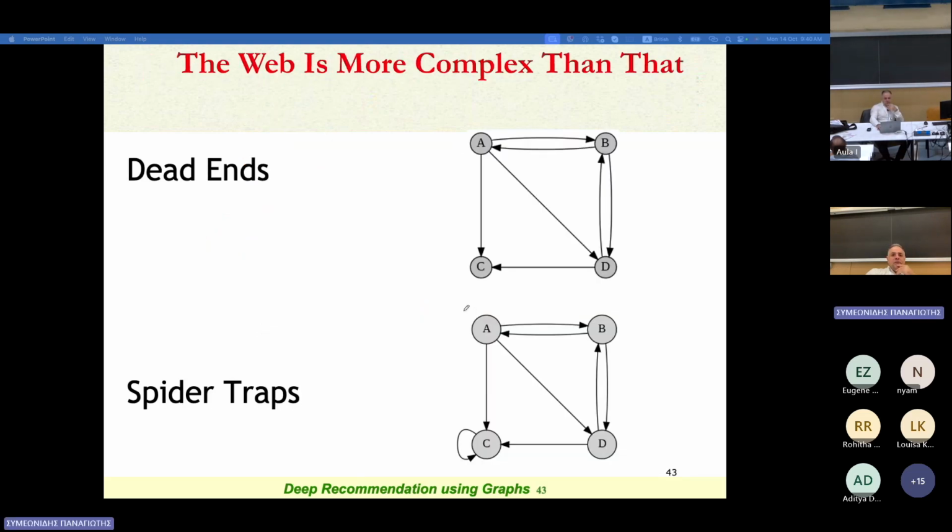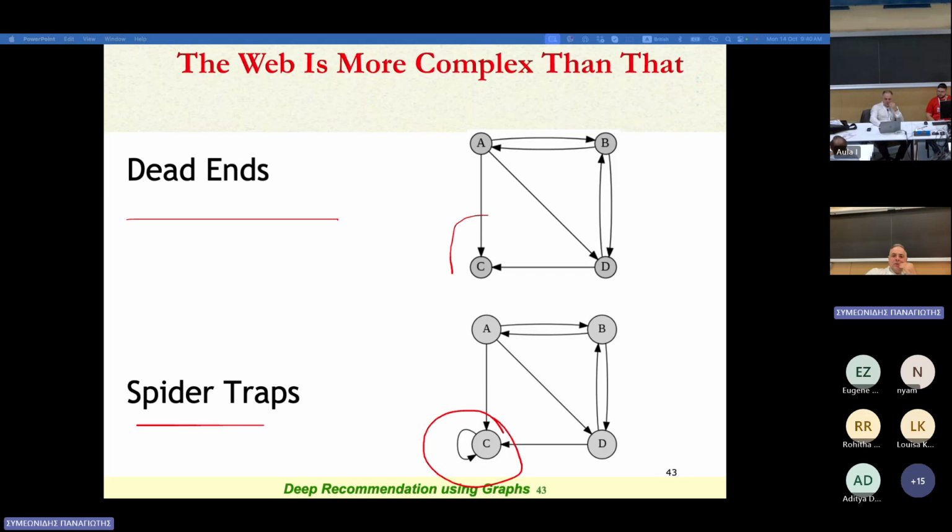Of course, there are problems that exist in real-life graphs, like dead ends. Here we see an example of a dead end, or spider traps, where the random walker cannot escape from a node.